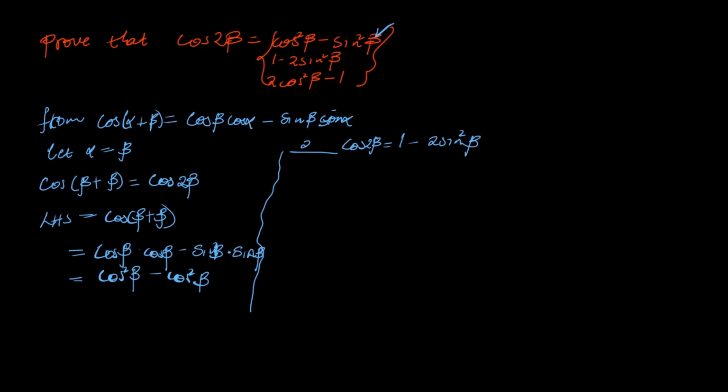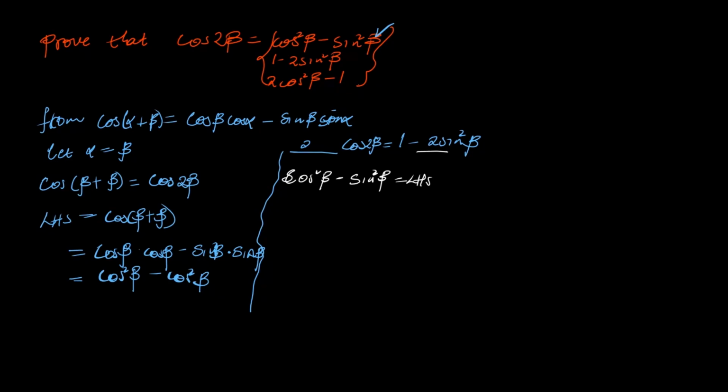So from that which we have there, we know that we have cos squared beta minus sine squared beta as the left hand side. So we want to show that the left hand side is equal to this.